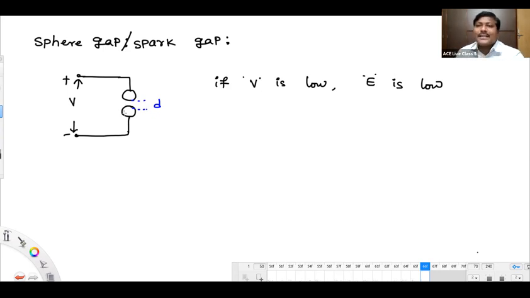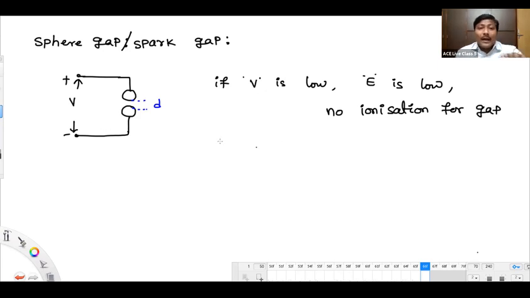Once the electric field intensity is low, the gap will remain open. No ionization for the gap.